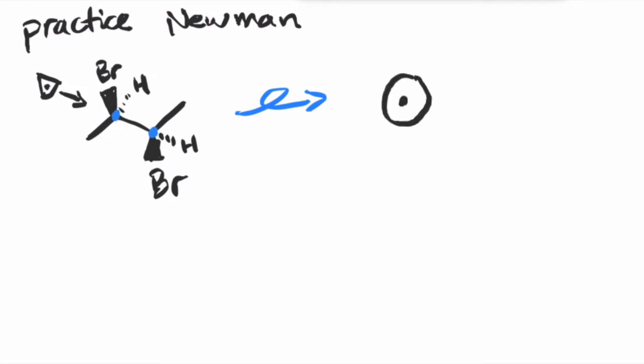And looking at the dot represents the carbon in front. Right? So the carbon in front has a line that's going down. So I'm going to go ahead and draw that line straight down. And then take yourself from that perspective. If you were looking down that line, is that bromine going to be on your right-hand side or on your left-hand side?